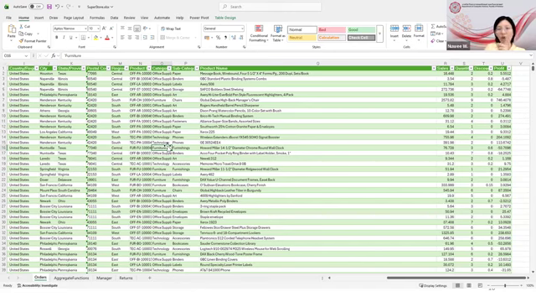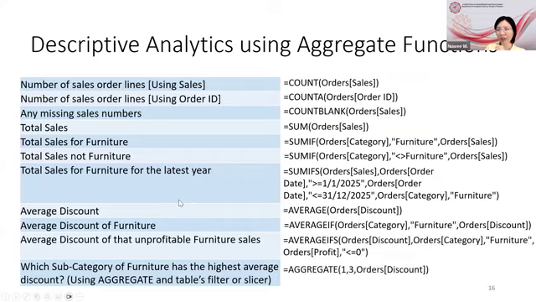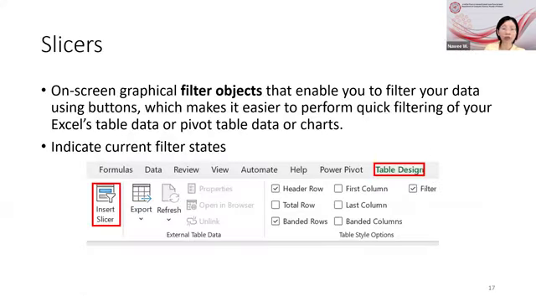That filter is called a slicer. So what is a slicer? A slicer is a graphical filter object. It's a GUI filter that enables you to filter your data using buttons, which makes it easier to quickly filter your Excel table or pivot data later on. So we'll go to table design here, and then we will choose insert slicer.